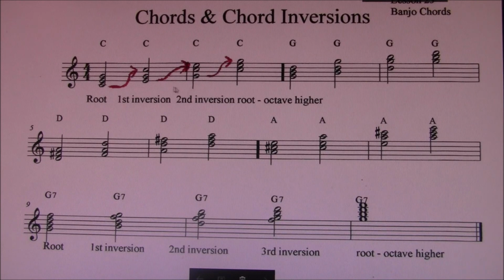In the second inversion, you've taken the next lowest tone and you've moved it up an octave. And in the root, an octave higher, you've done the same thing. You've taken the lowest tone of the C chord. It's still all the same notes, but you've just moved the octave. Here I've done the same thing for the G chord in the different inversions.